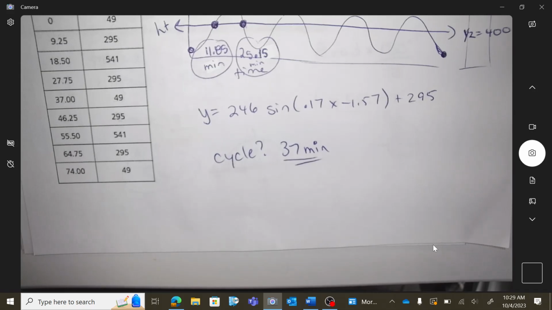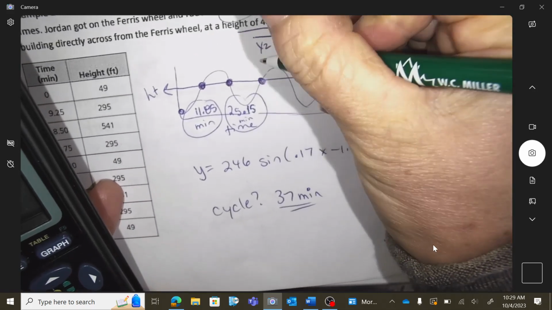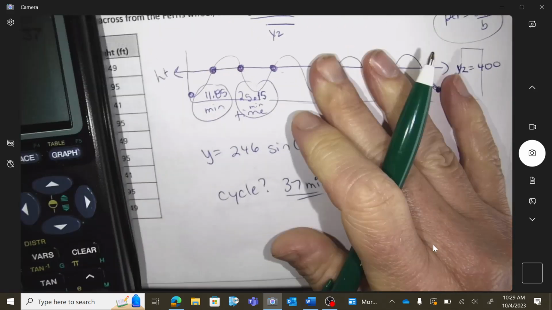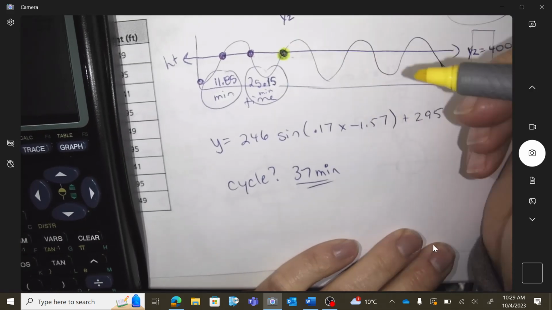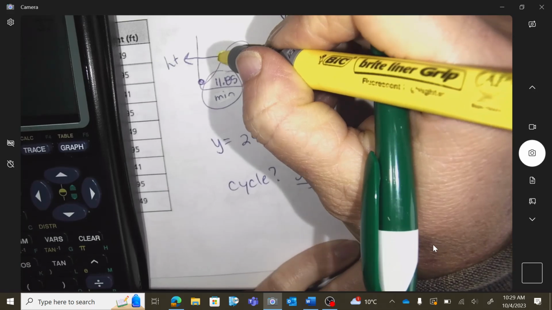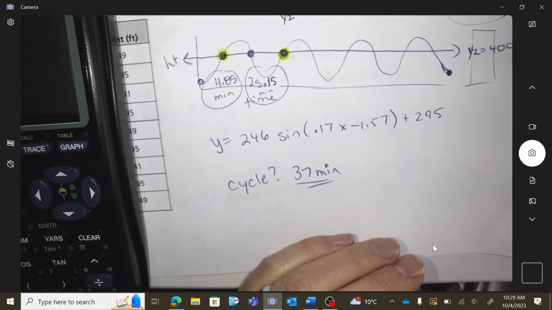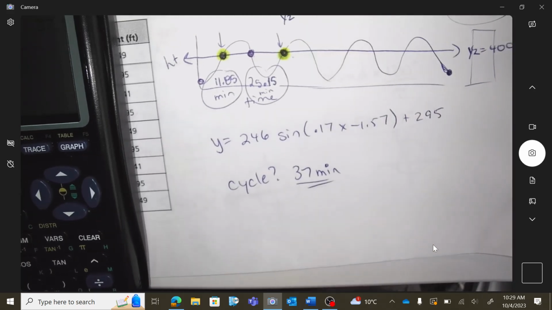Okay, so here's what I'm going to do. Would it make sense that when I'm at this point, it should be exactly 37 longer than that point? Because would it make sense that this point and this point are matches on a cycle?